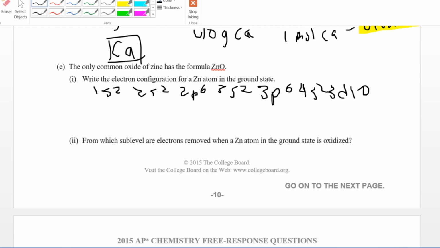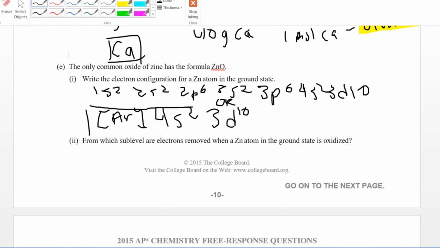Great. Or I find it simpler to write argon, 4s2, and sorry, 3d10. Both of these work as answers.